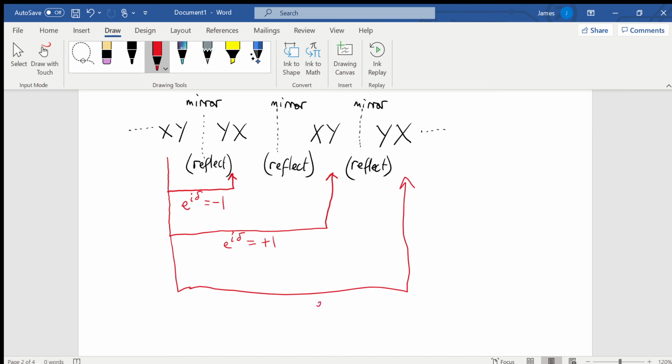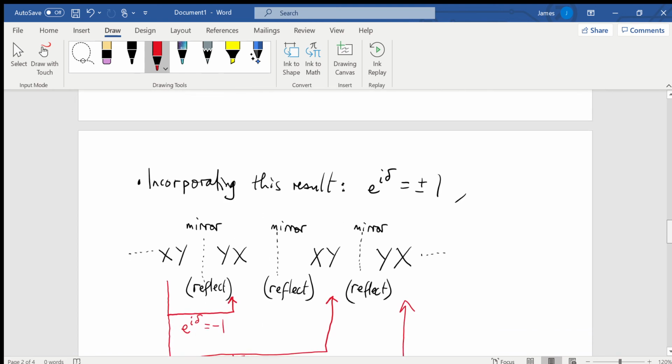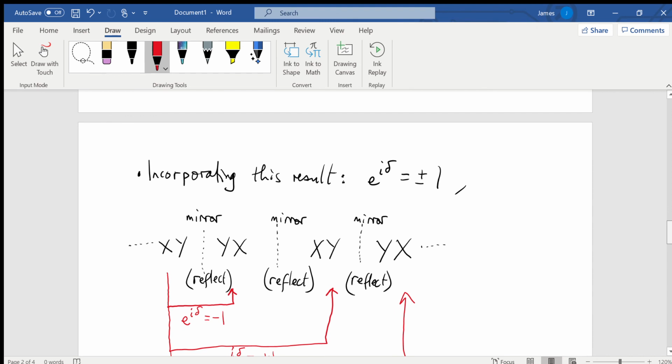Then this would be e to the i delta is negative 1 again, because we've got the inverted image again. So you see from this short collection that we have, as promised, the two outcomes, plus and minus 1, following n tuples of the active B on A. So we've got plus or minus 1 as our only two outcomes.